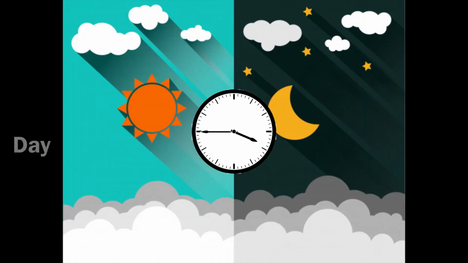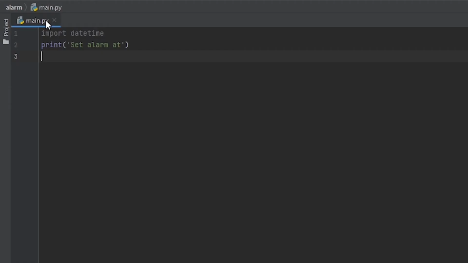Here we will need three inputs from the user. First one being the hour, in which hour the alarm will be triggered. Same for the minute. At last, we need to know whether the alarm is set for day or night by using AM and PM.